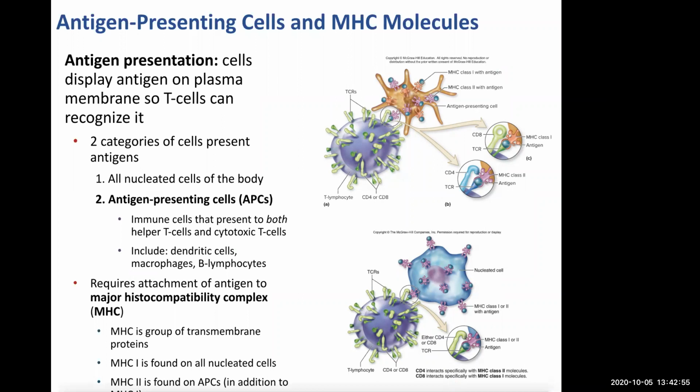HLA is an acronym that stands for human leukocyte antigen, all right? That is just another word for MHC. So MHC is a type of HLA. And I bring that up because I think it helps people to visualize and remember that MHC is a molecule that is expressed.